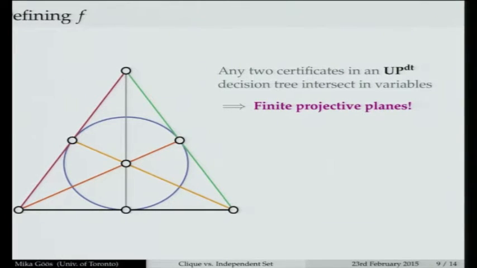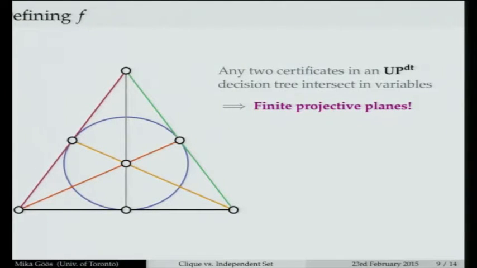Now, a key observation with unambiguous decision trees is that if you take any two certificates from an unambiguous decision tree, it must be that these certificates intersect in variables. I mean, if this didn't happen, if you had disjoint certificates, it would be easy to construct inputs that satisfied both the certificates. And this would contradict unambiguity.